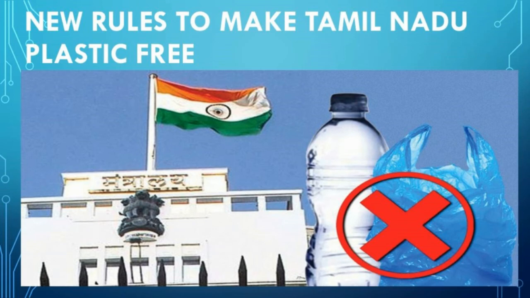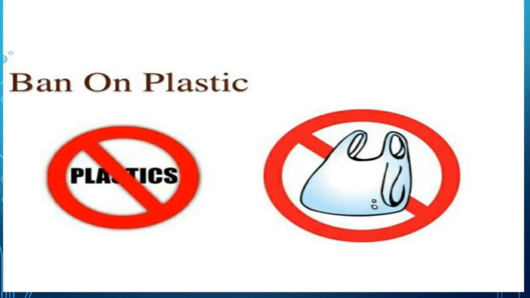This excellent legislation is designed to protect Tamil Nadu from plastic pollution. You can find below some key aspects of the new rules along with science based facts on why these items have been banned in Tamil Nadu.